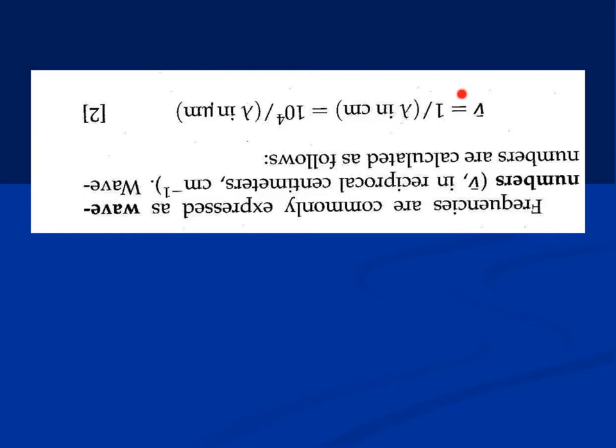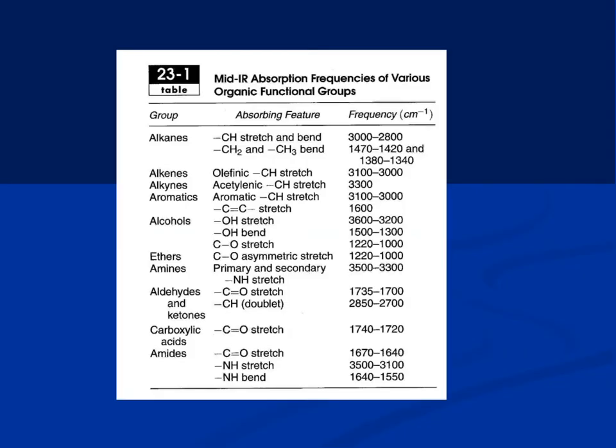The term wave number is used instead of nanometers, or directly as a length unit. It is the inverse of the length. That's the wave number, basically how many waves there are in 1 centimeter. And you can see the frequencies are represented as 3000 or 1200.